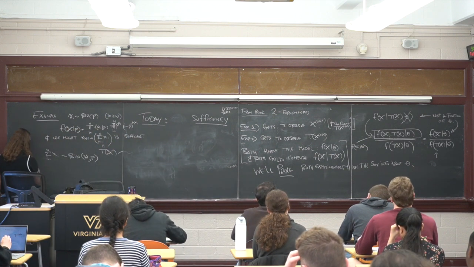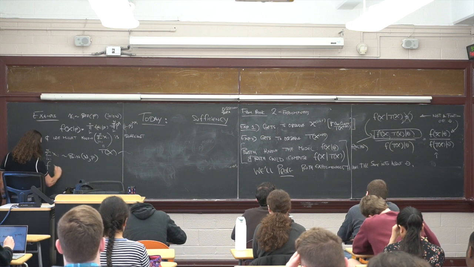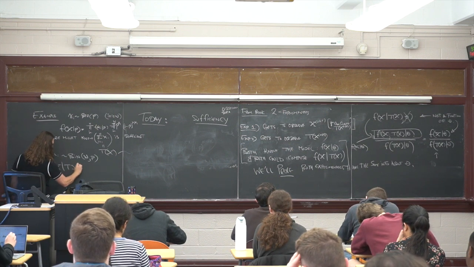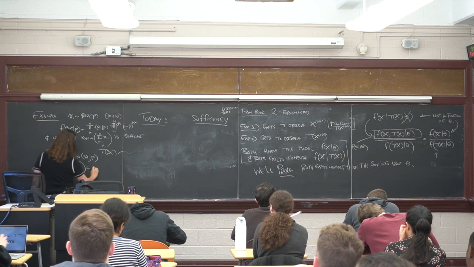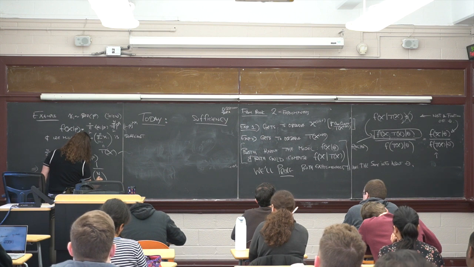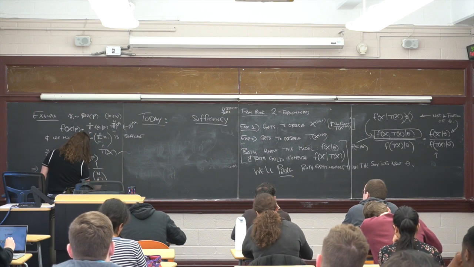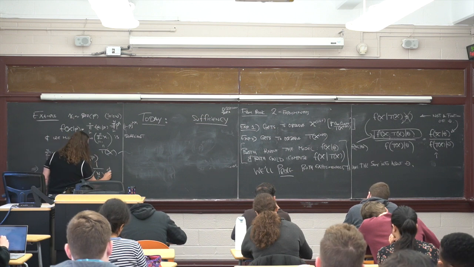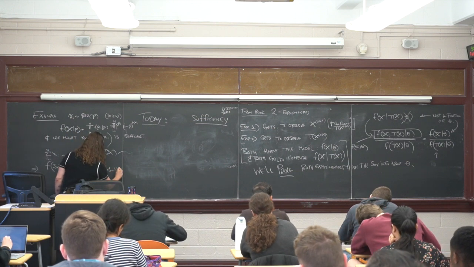Just to remind us here, f of x given T of x is equal to 1 over n choose the sum of the xi's, where the sum goes from 1 to n. We'll point out again in our example, this is a uniform distribution.